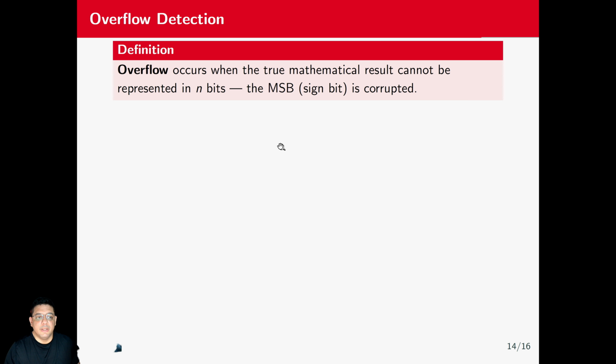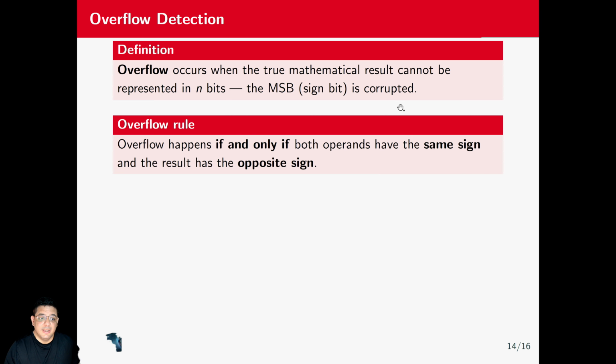Okay, so one key definition here is overflow, which occurs when the true mathematical result cannot be represented in n bits. The most significant bit, the sign bit, is going to be corrupted. The overflow rule: overflow happens if and only if both operands have the same sign and the result has the opposite sign.